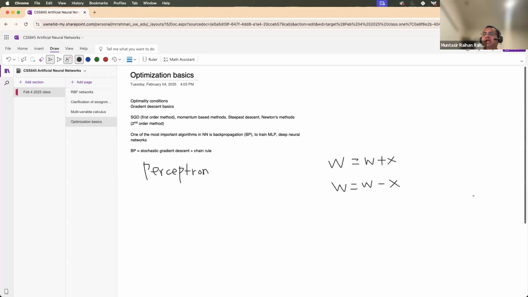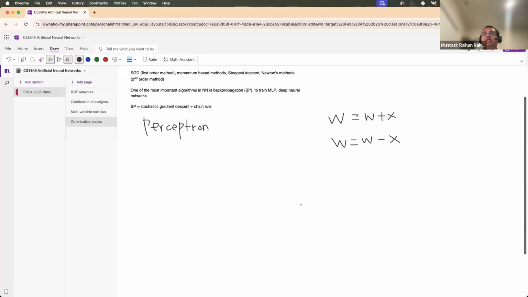And we gave an intuition of these rules, like how this rule helps us make sure that the inner product between the weight vector and the input vector has the right sign, right? So if the label is positive and the dot product is negative, we try to increase it by adding x to the weight vector and vice versa, right? But this actually also is an instantiation of the stochastic gradient descent rule. And how can we see that?